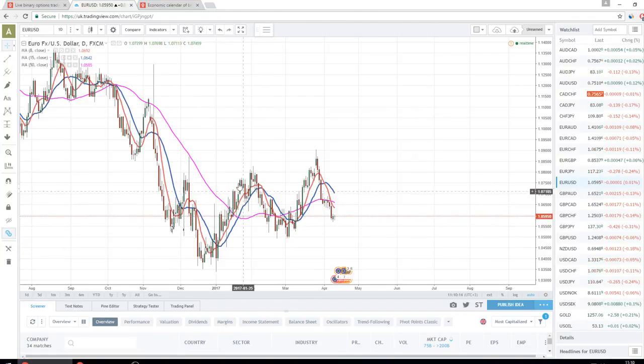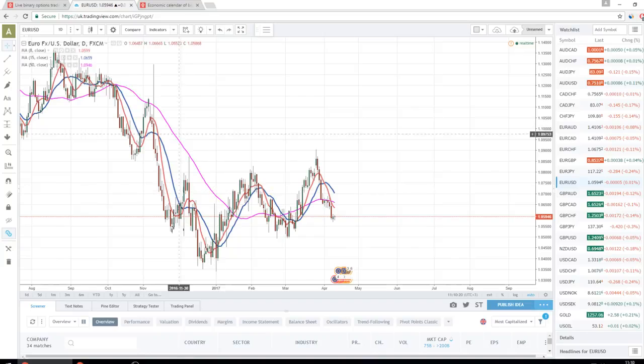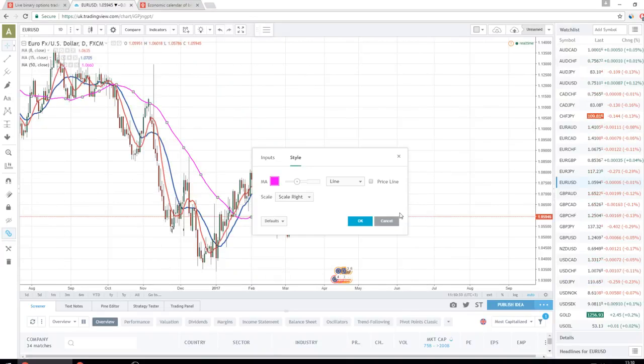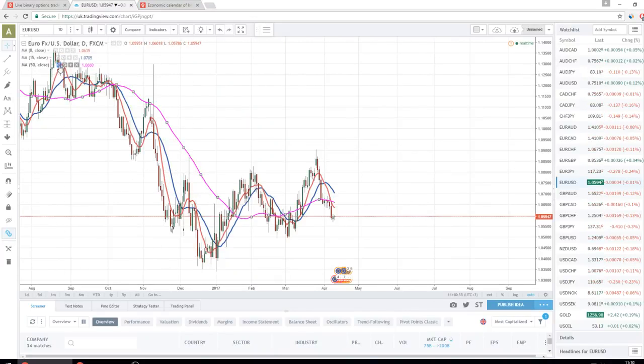There are several methods of how we can use these moving averages besides simply showing us the smooth price. Okay, let me switch off now.